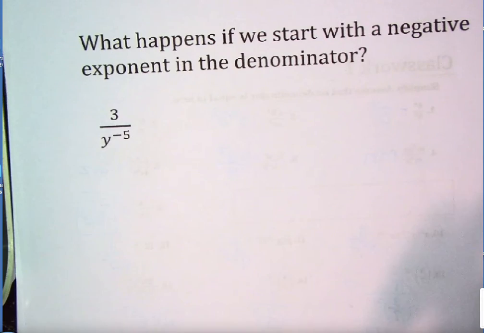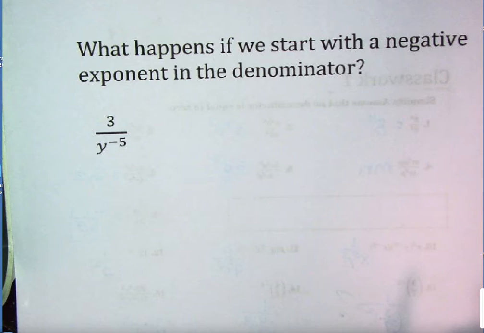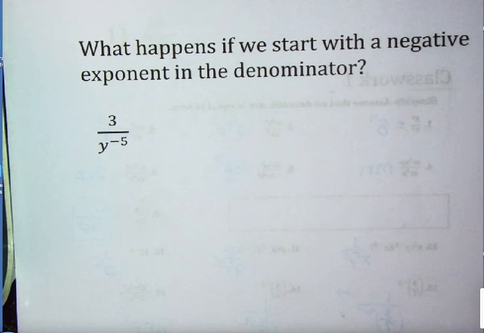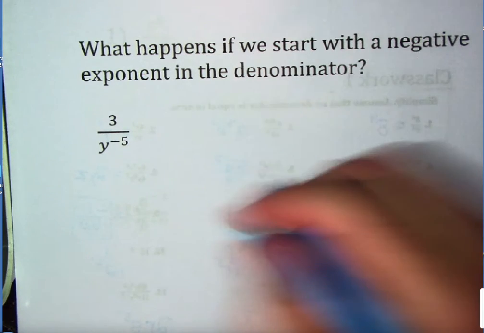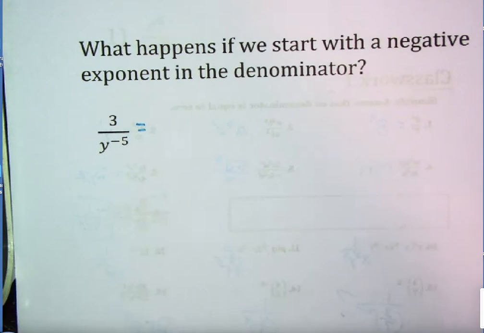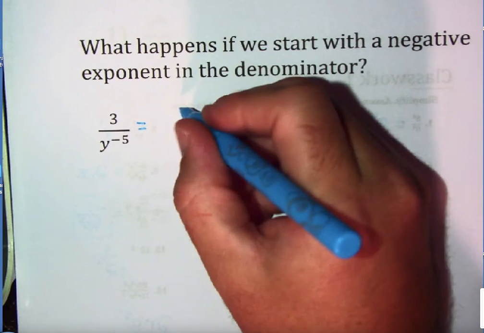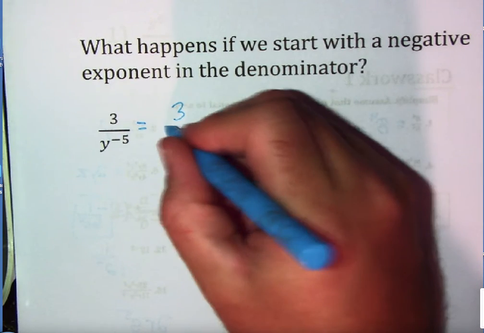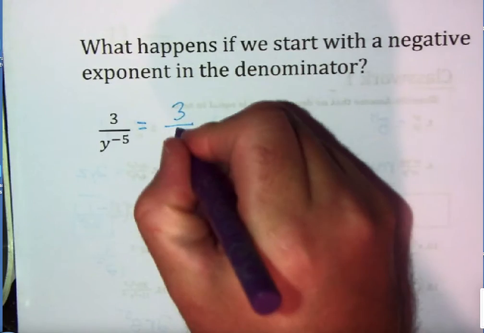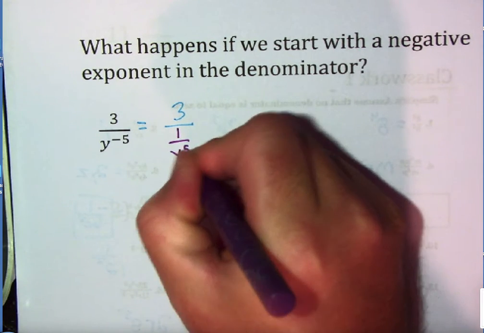All right, we got to talk about this one more piece, and that's what happens if you have a negative exponent in the denominator. Well, we can't have one because it's not simplified if we do. So I'm going to write it as 3 over 1 over y to the 5th.